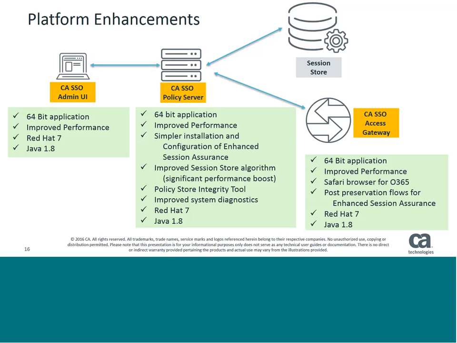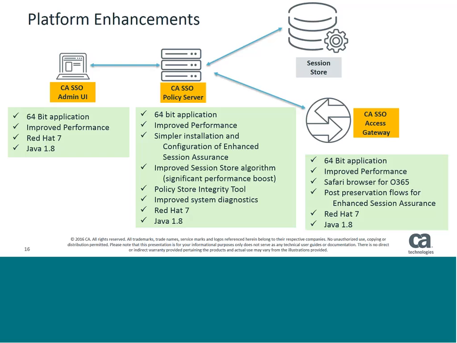And then in the area of enhancing just the overall security posture of the solution, the Enhanced Session Assurance with Device DNA feature that was introduced in 12.5.2 gets extended further with the ability to provide support for post-preservation flows. There is also an ability to offload SSL termination to a load balancer.